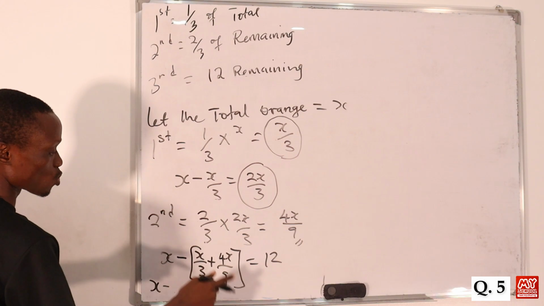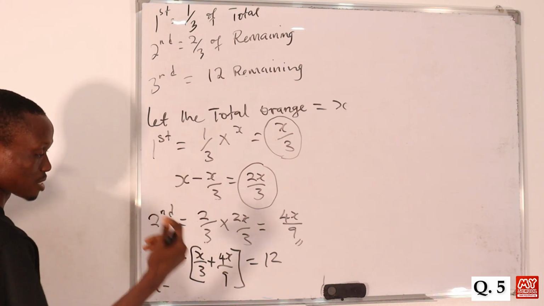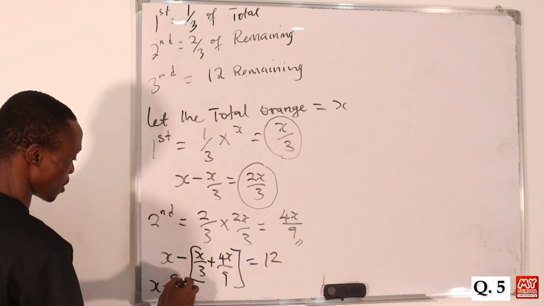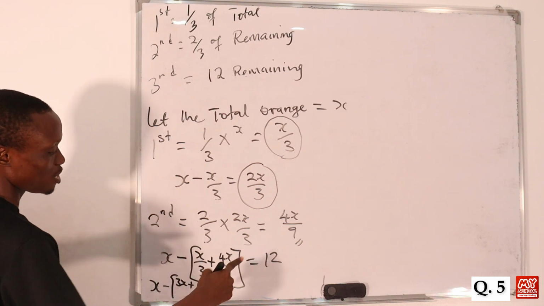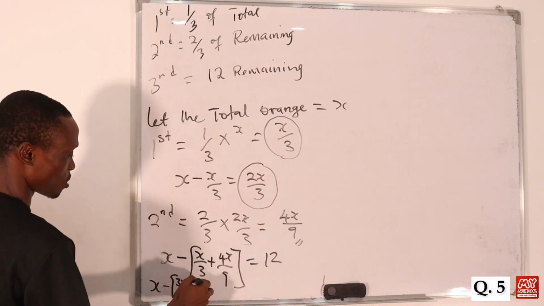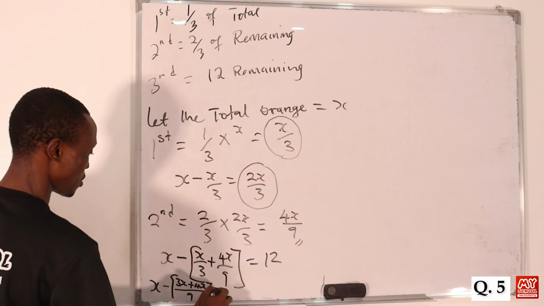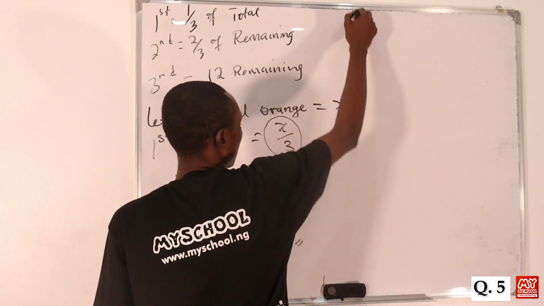So 3 into 9 gives us 3, and 3 times x gives us 3x. Then plus, 9 into 9 gives us 1, so 1 times 4x gives us 4x all over 9, which is the LCM. And this is equal to 12.